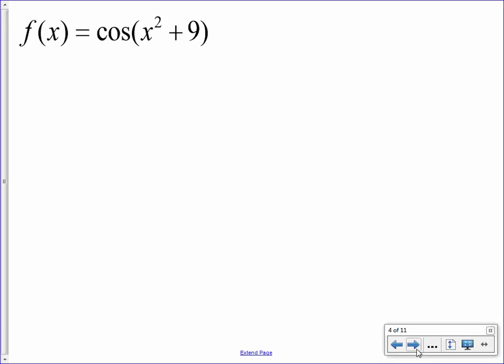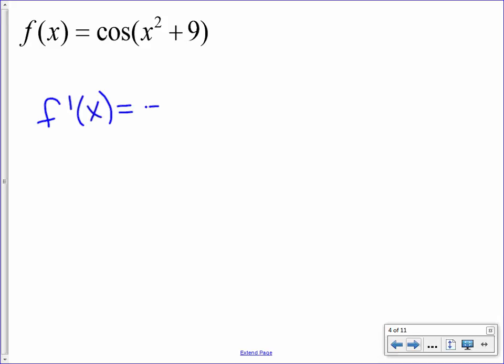Okay? And the only way you're going to get better at this is if you practice. So, what is our outer function? Cosine. Inside of cosine, we have x squared plus 9. So when we take the derivative, we need to take the derivative of the outside function, which is what?